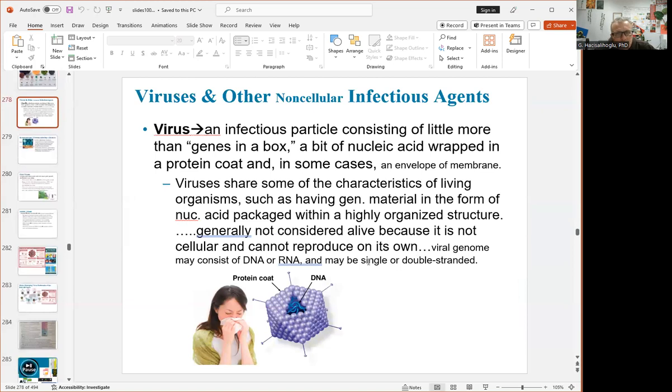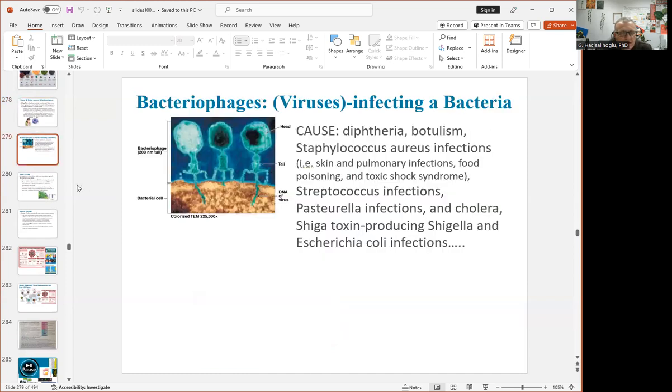So a little information about viruses. Basically, viruses are not really true living organisms. They are just infectious particles with some kind of genes inside, DNA or RNA, and they can go and infect things.